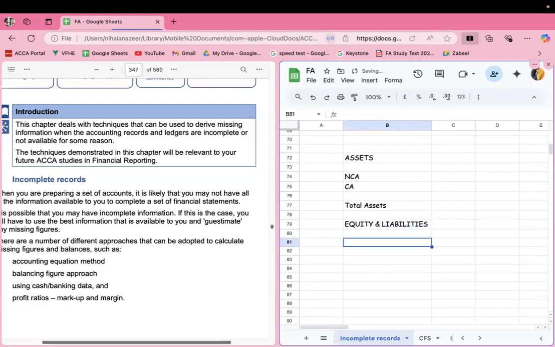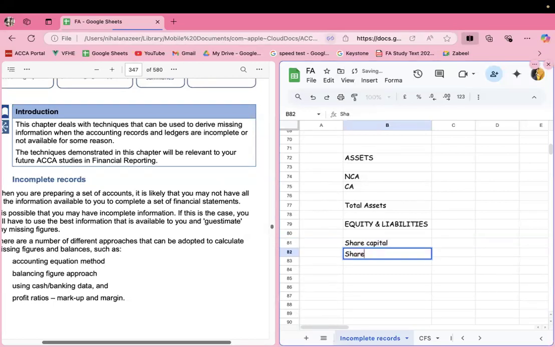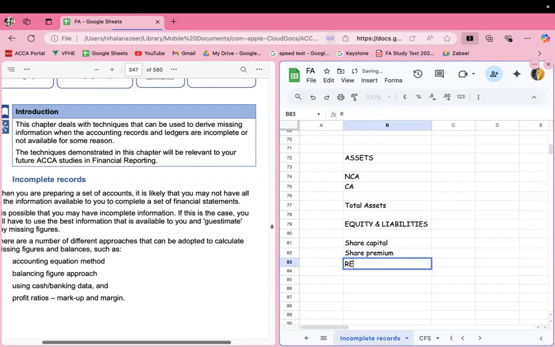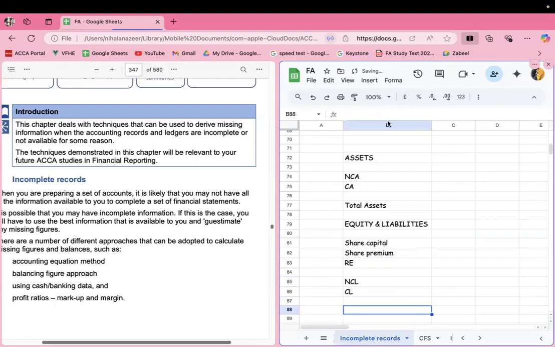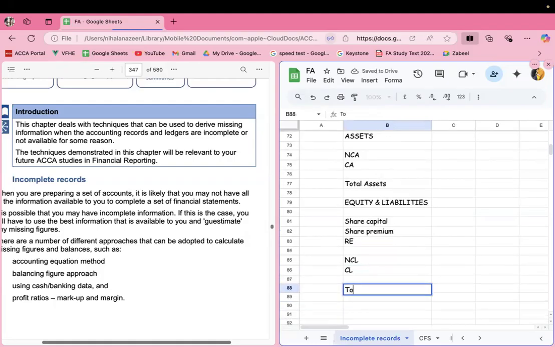In that, we have share capital, share premium, retained earnings and other reserves. After that, we have non-current liability, current liability, and then the total of equity and liabilities. What I told you was if we did everything right, this one would be equal to this one.